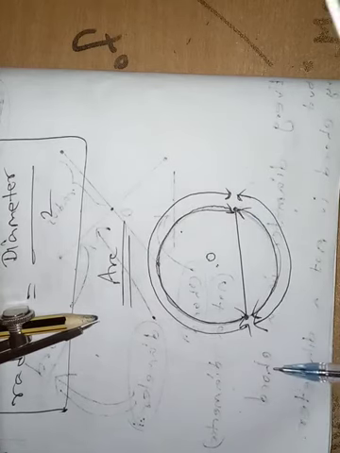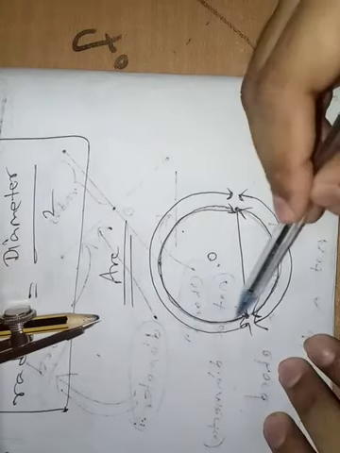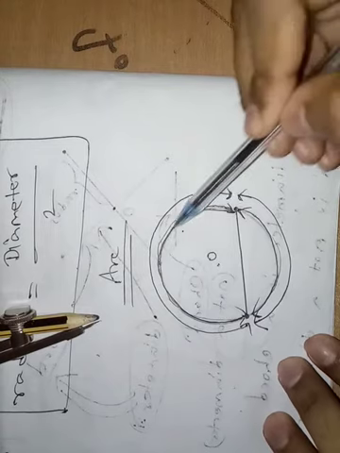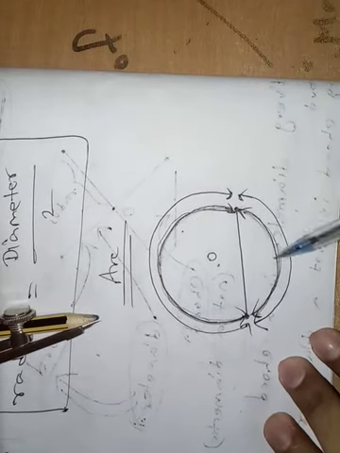So a chord divided a circle into two portions. Each of the portions is called an arc.